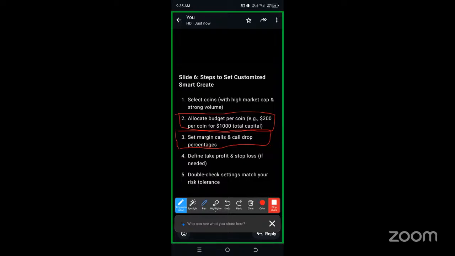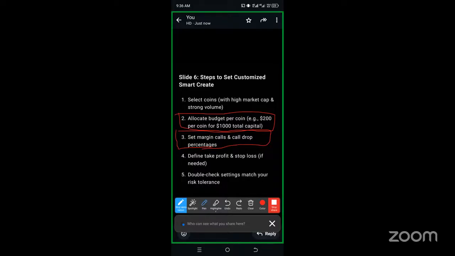Capital allocation is very important, and setting the margin calls to buy more stock is very important, depending on the percentage drop of the market that we don't control. But there are factors we can use to mitigate risk, such as capital allocation and buying more margin calls.